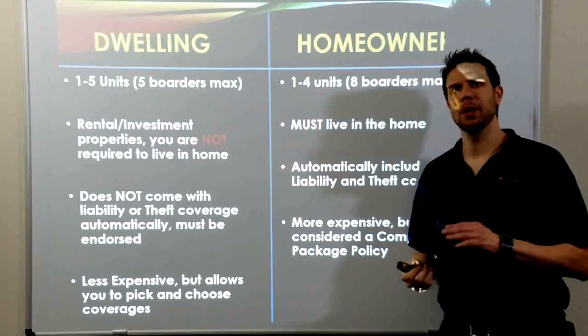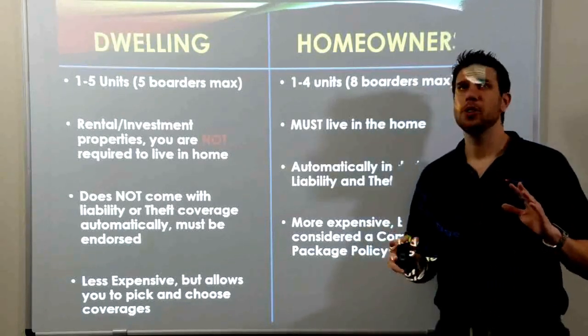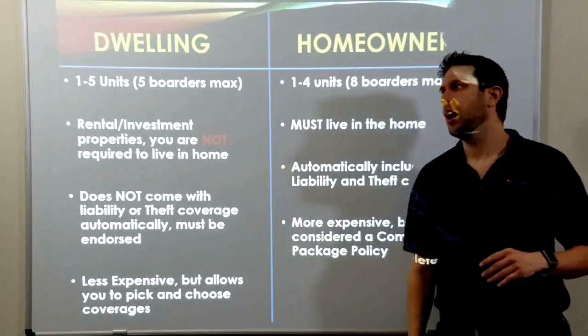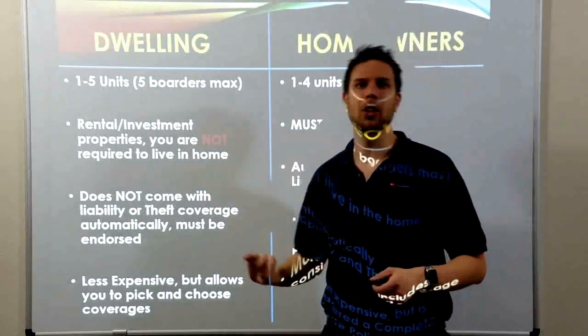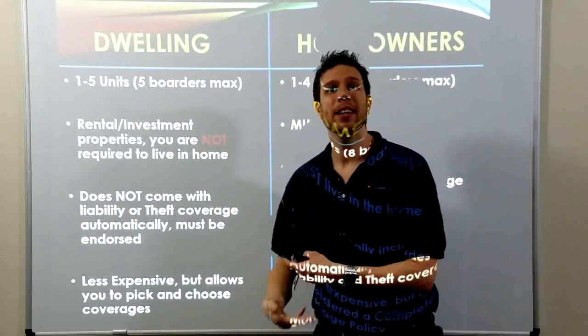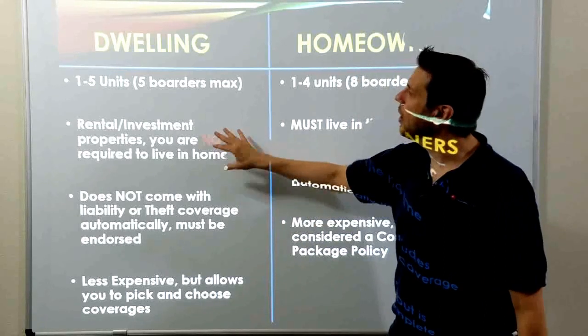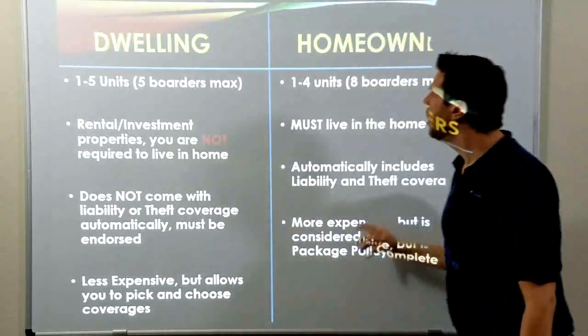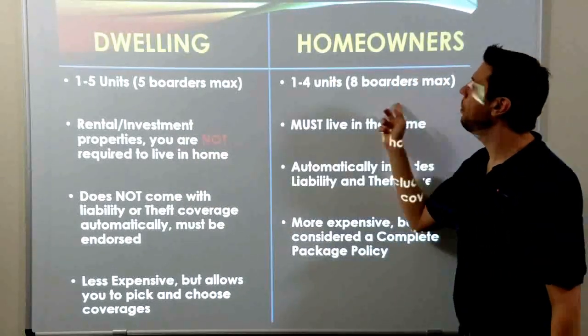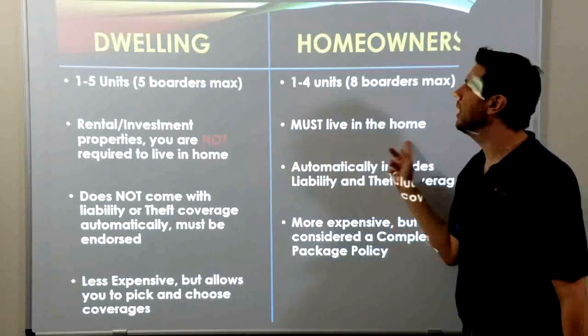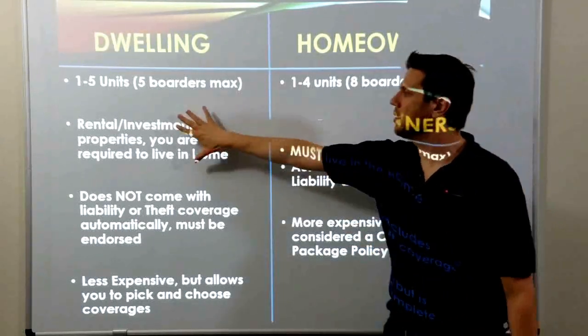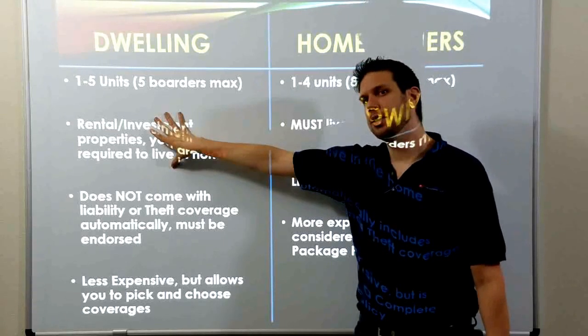Homeowners policies are typically homes that are 25 years and newer. Dwelling policies might be an older house that hasn't been updated, or it could be a new house that you rent out to somebody else. Homeowners policies, you must live in the house. Dwelling policies, you do not have to live in the house.